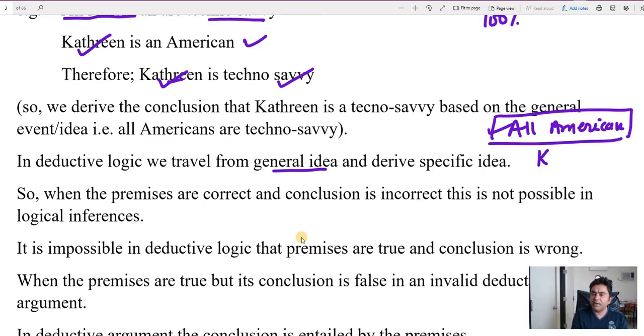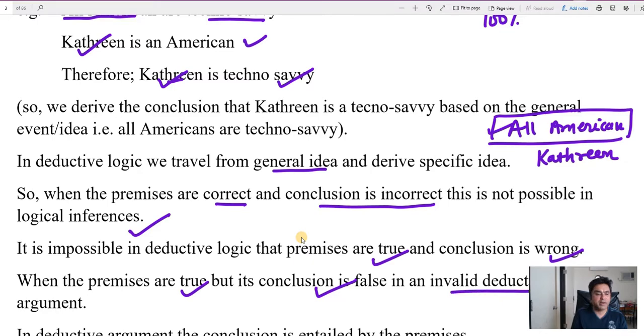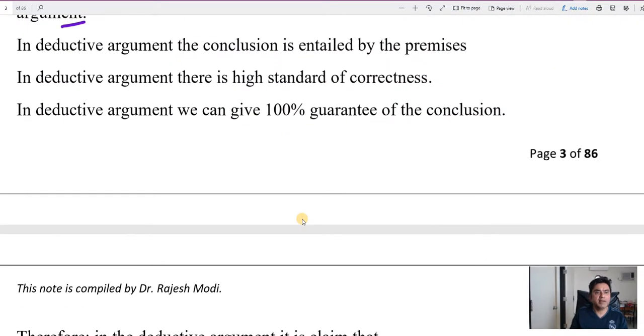When the premises are correct and the conclusion is incorrect, this is not possible in logical inference. It is impossible in deductive logic that the premises are true and the conclusion is wrong. When the premises are true but the conclusion is false, then it is an invalid deductive argument. In a deductive argument, the conclusion is entailed by the premises, right?